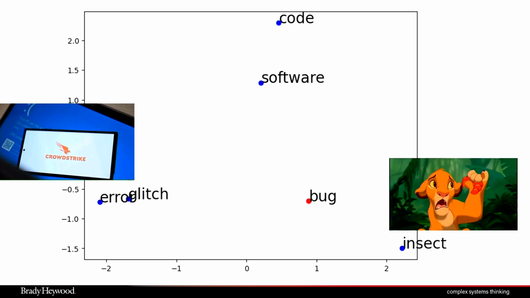So this model was probably trained on general information, but if you trained your model on, say, biological text, you would expect to see bug right over by the word insect. And likewise, computer science textbooks or so on, you'd expect to see bug right next to all the error and glitch sort of words. So what's clear is that for the best embedding of a word, you really need to have an embedding for each context that it can appear in.